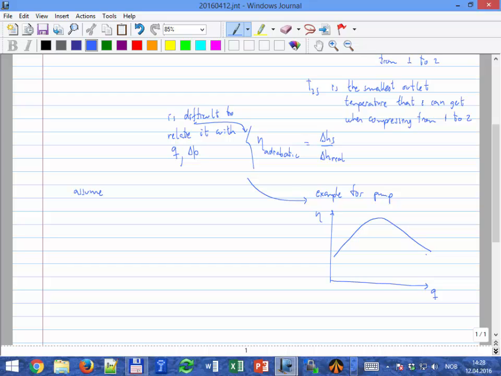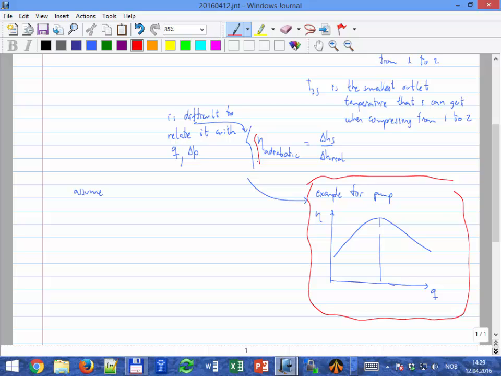If we go more than that, it's going to detach the fluid and begin to create turbulences, and if we go less than that, it's going to do the same thing. So it's more or less the same principle, but this efficiency, the way it is defined here, is difficult to relate with rate and pressure.